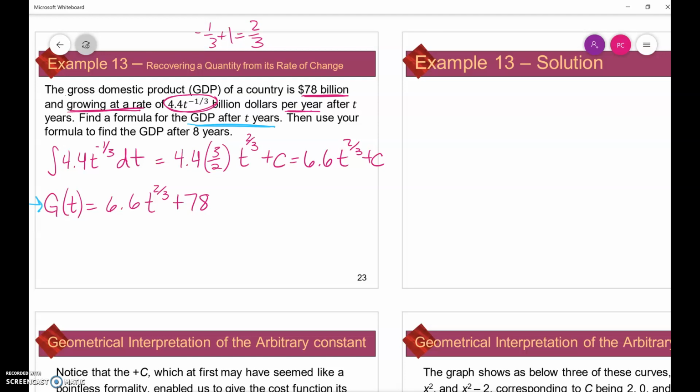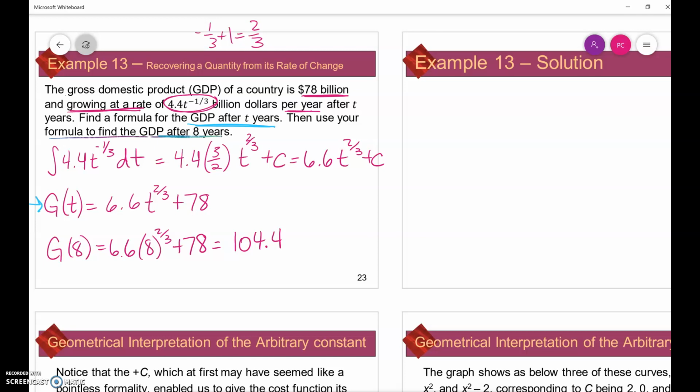We can then go further to evaluate at 8 years. Okay, so we want to find G of 8, so 6.6 times 8 to the 2/3 plus 78. If you plug all that in, we end up with 104.4.